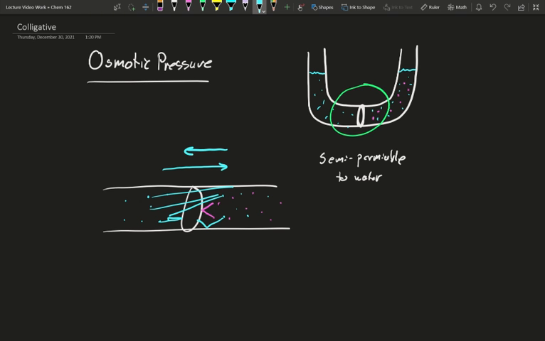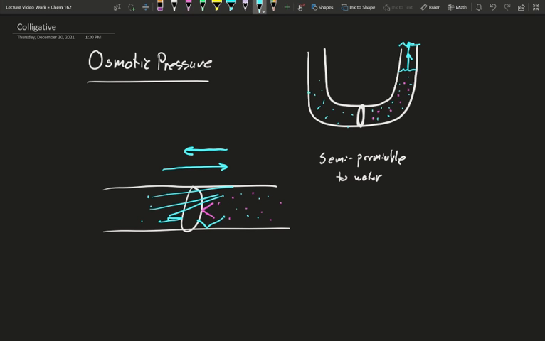The side with the solute has a lower rate of water passing through to the opposite side. The net effect is that over a little bit of time, some of the water molecules on the pure water side drift over into the solute side and not as many come back.